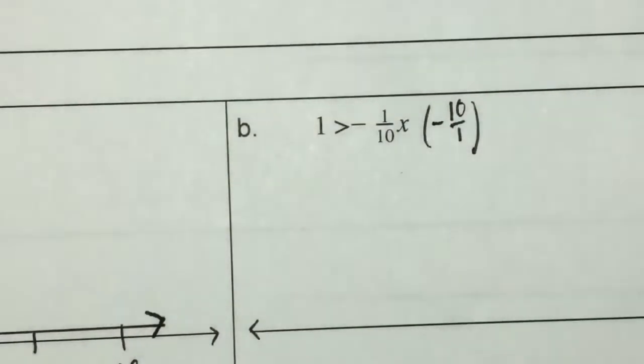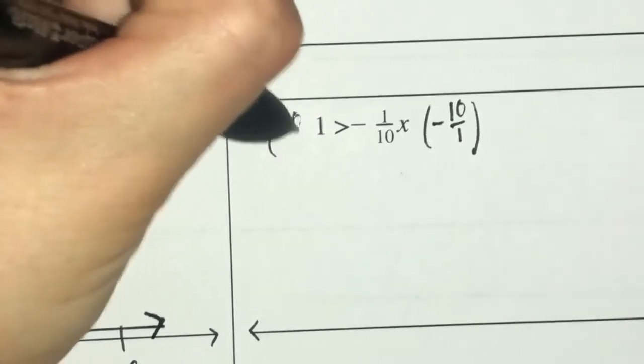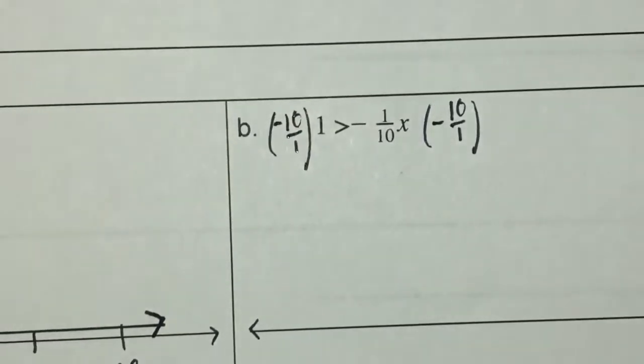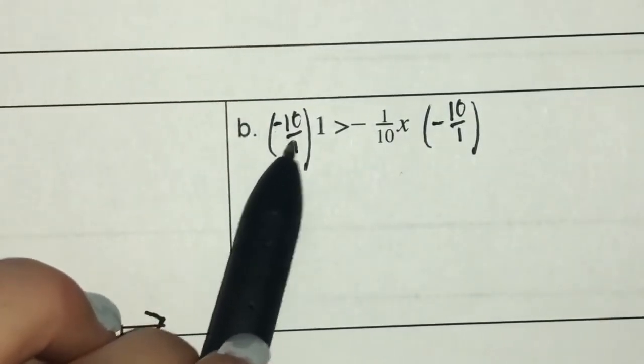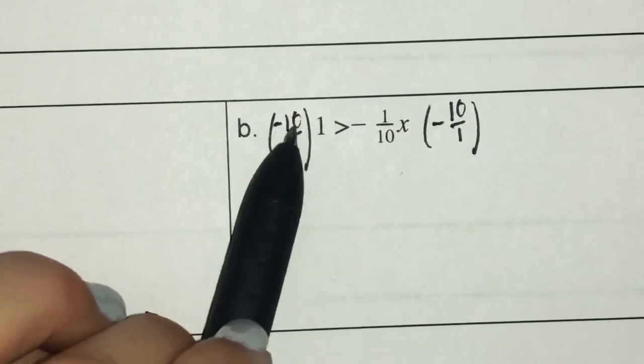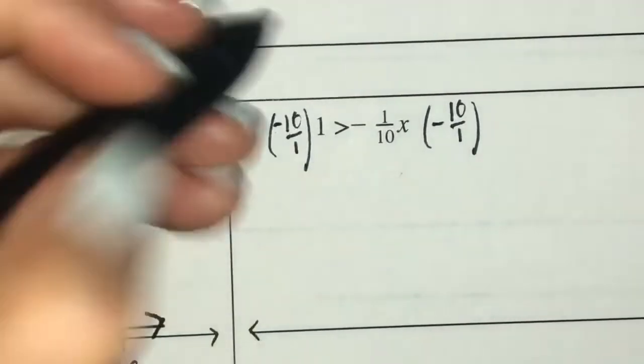So I need to make the 10 over 1 negative, and then I'll multiply the left side by the same thing. So on the left, negative 10 over 1 times 1 is just negative 10 over 1, which is the same thing as negative 10. So this is like negative 10 times 1, which is negative 10.